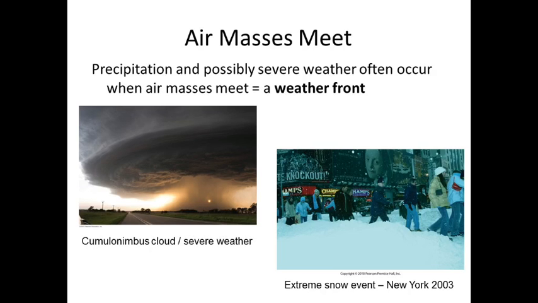Of course, this looks like a tornado, right? So we talked about the 10 different cloud types, and of course cumulonimbus clouds are your thunderstorm clouds. And oftentimes in the summertime, and in the wintertime, that uplifting can bring us snow events.